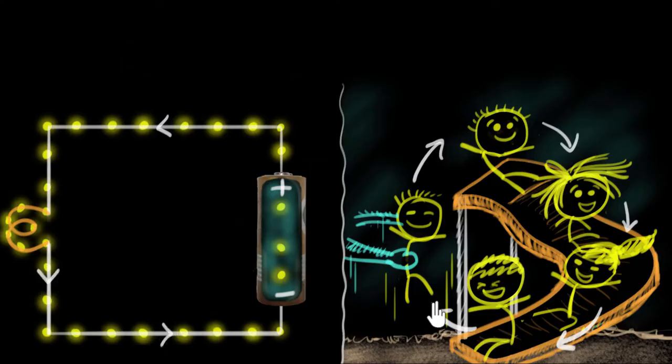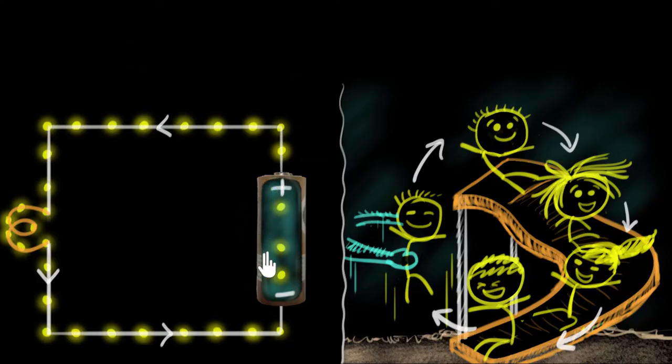And just like over here, for continuous motion of the kids, someone needs to continuously keep picking these kids up and putting them back over here, pushing them against gravity. Over here, someone needs to keep picking up these charges and push them back up continuously against the electric force.